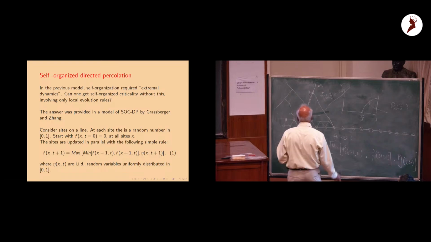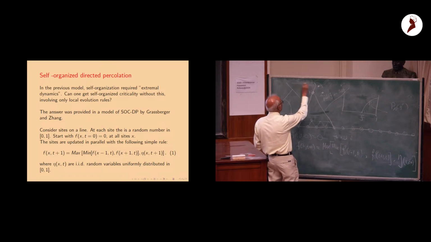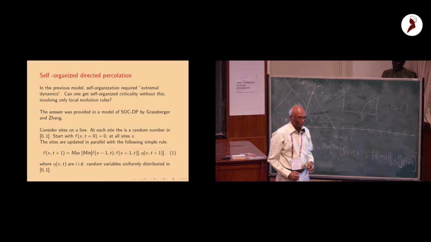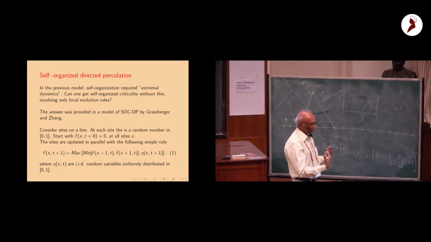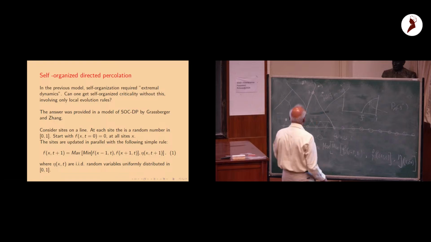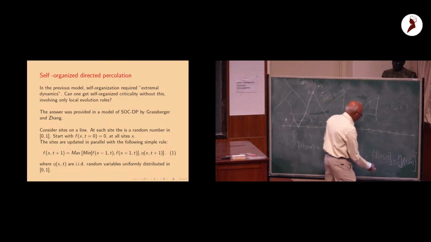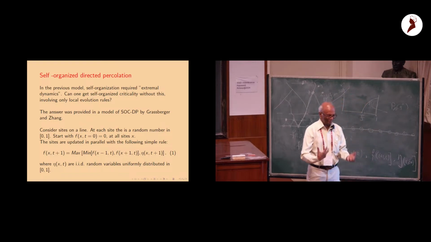So very good. Suppose it so happens that I come here and this point is 0.9. Okay, the eta at this point is 0.9. Then the chances are that when I calculate f, it will be fixed by my eta.